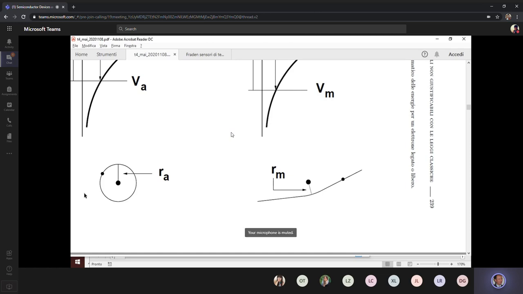Then we consider that the force between the nucleus and the electron is of the Coulombic type, which is of the same type as the gravitational force. So the force is proportional to the inverse of the square of the radius, okay? And this force can be derived from a potential energy that is proportional to the inverse of the radius, okay?